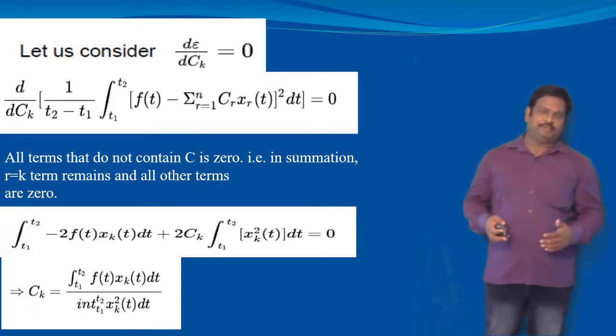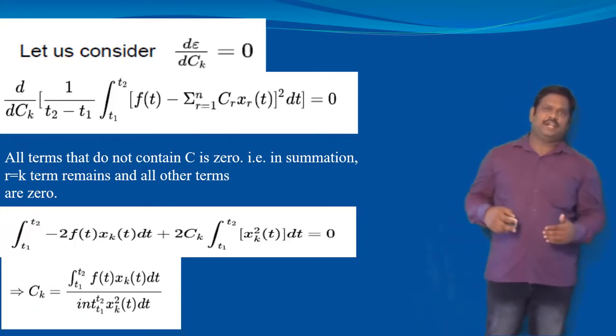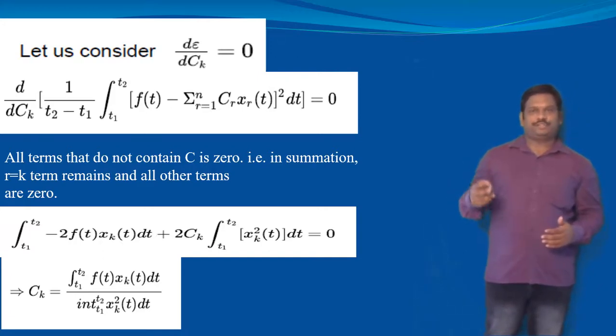And therefore ck will be equal to the integral of t1 to t2 f1 of t xk of t dt divided by the integral of xk square of t dt.